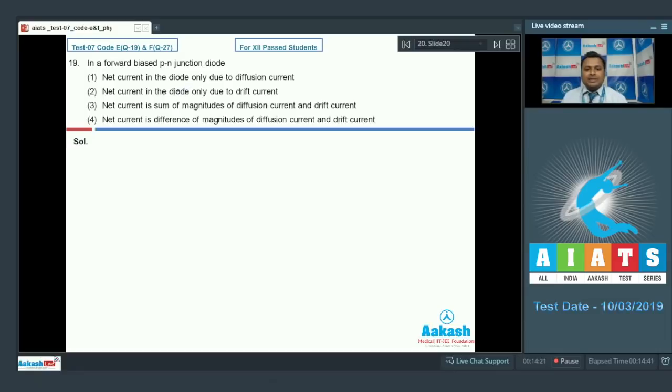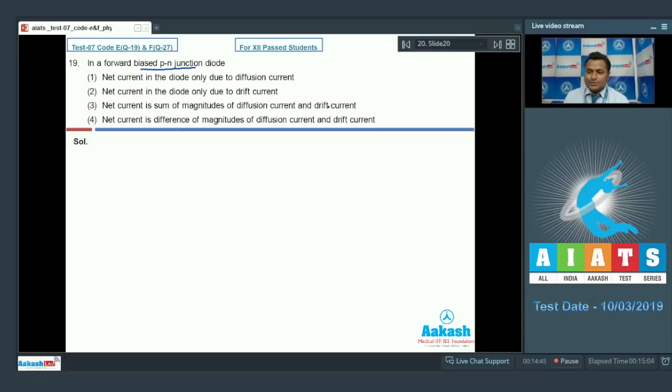In a forward bias PN junction diode, we are having 4 options. Net current in the diode is only due to diffusion. Net current in the diode is only due to drift. Net current is sum of magnitude of diffusion current as well as drift current. And the last option is net current is difference of magnitude of diffusion current and drift current.